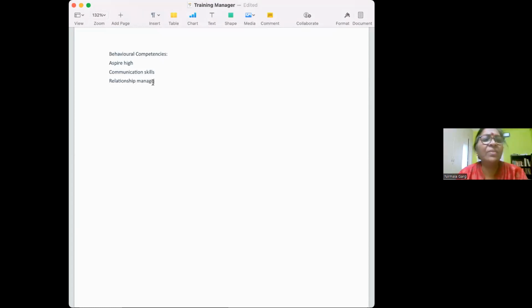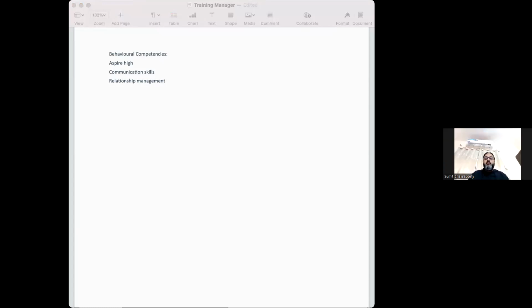You can just write 3 or 4 so that we will write even indicators for them. So analytical skill. We have to write the behavioral competency. Normally, what I understood is ambitious, collaborative, agility, something like that.